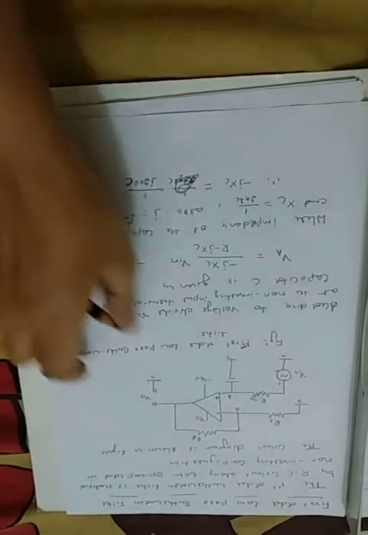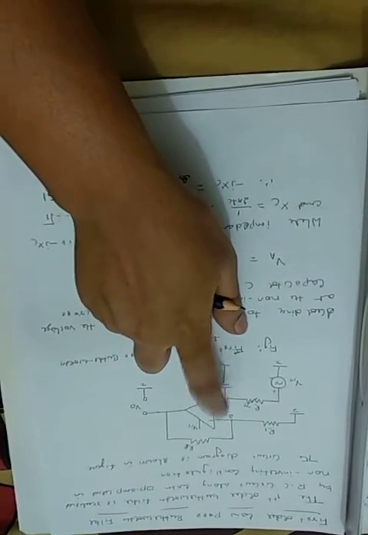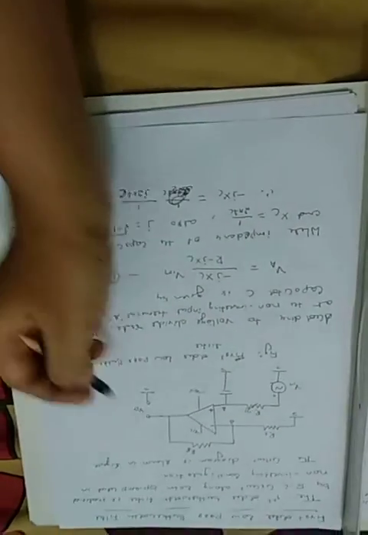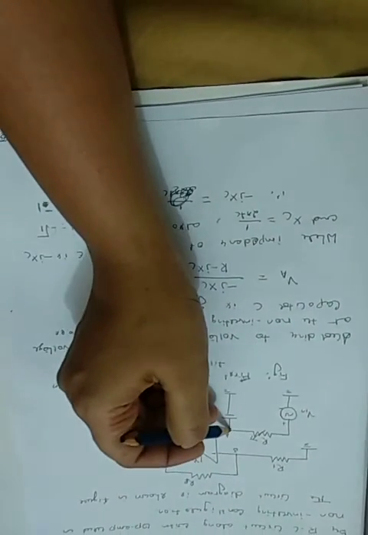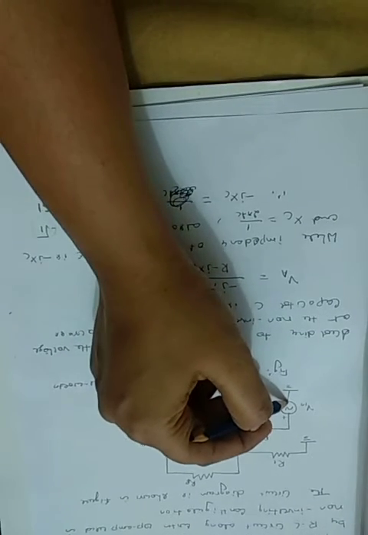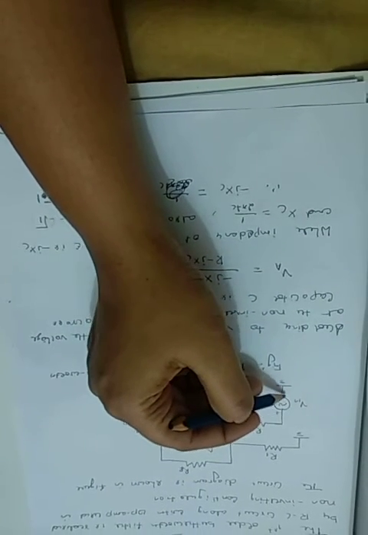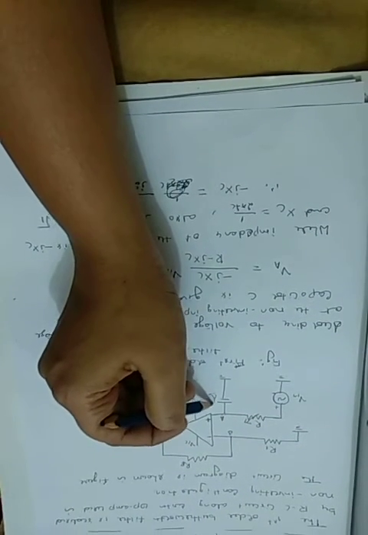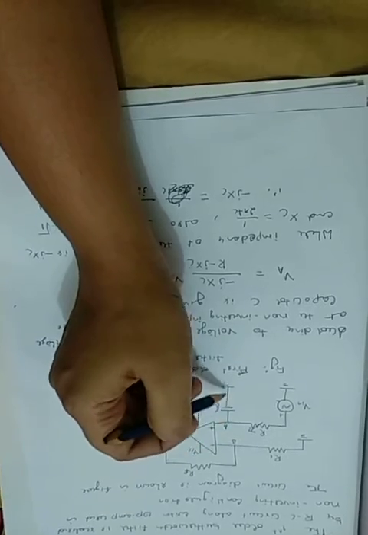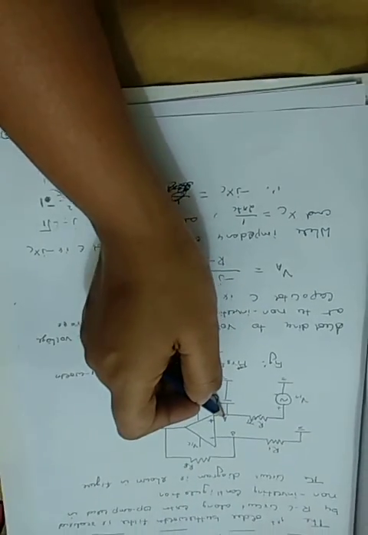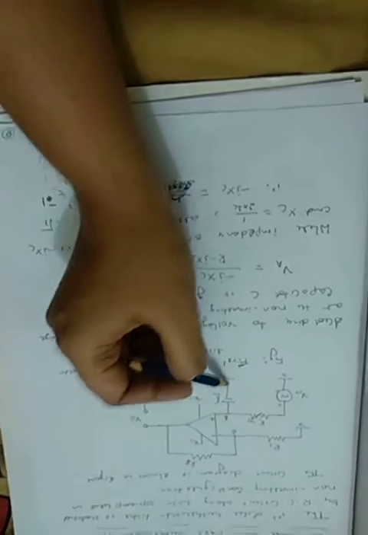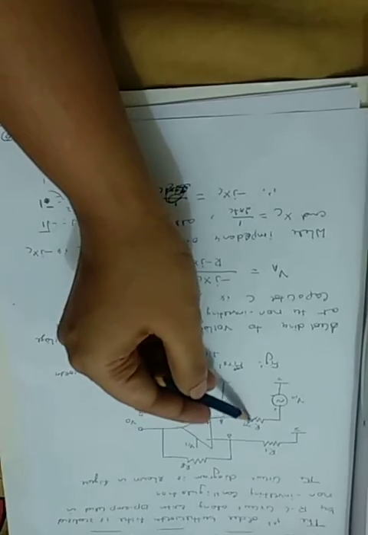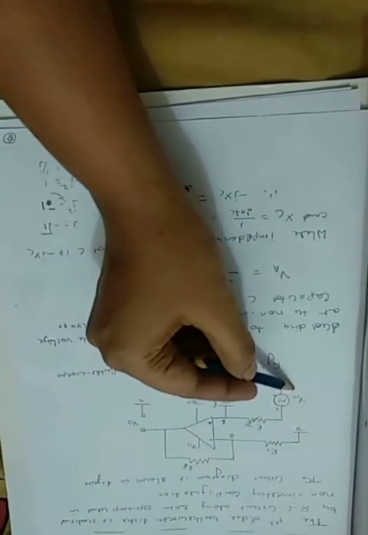According to the voltage divider rule, the voltage VA at the non-inverting input terminal, that is across capacitor C, is due to Vin, the AC signal applied through resistance R and capacitor C. So the potential at VA is equal to minus jXC divided by R minus jXC, into Vin.